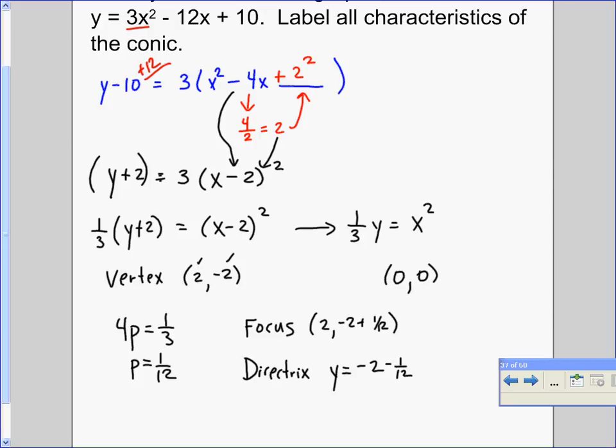Okay. And that's going to simplify to y equals negative 25 over 12. Okay. So there you have your focus, your directrix, and your vertex.